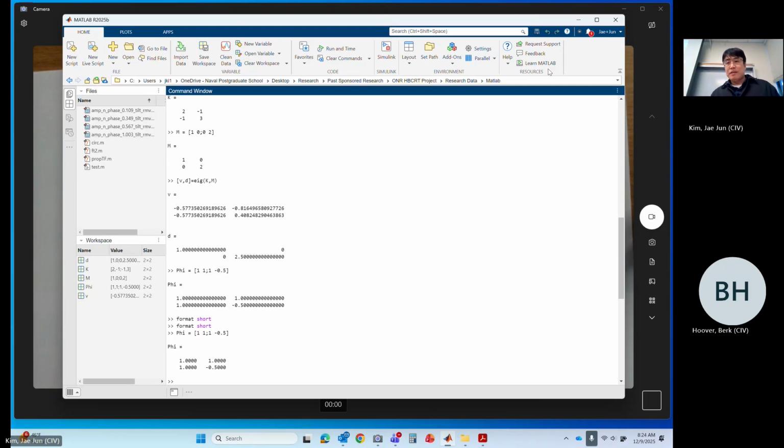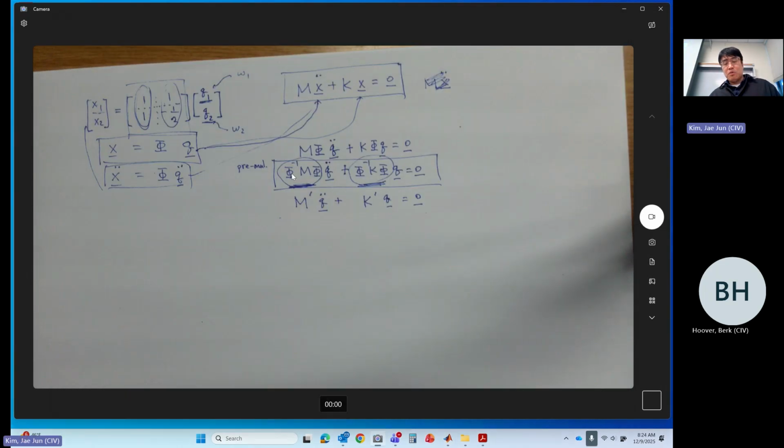And we compute modal mass, which is P inverse M P. By the way, this transformation is called similarity transformation, meaning you're transferring coordinates from X to P Q, but with the same dimension as the mass.